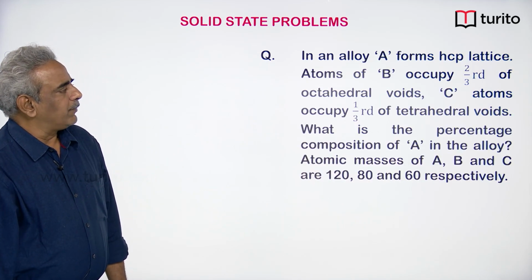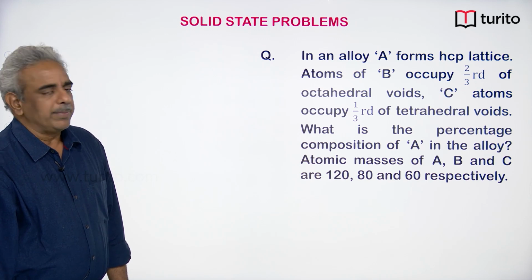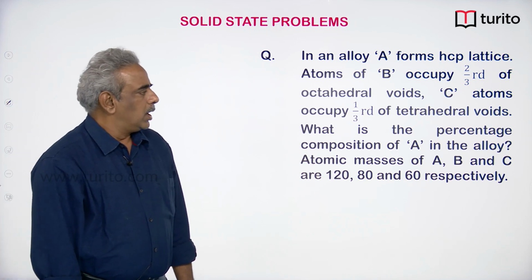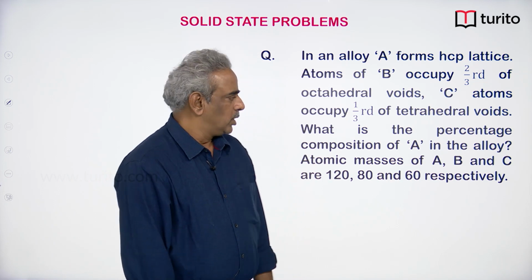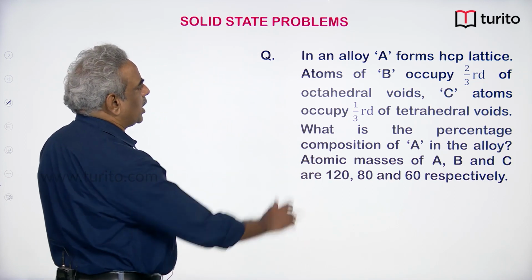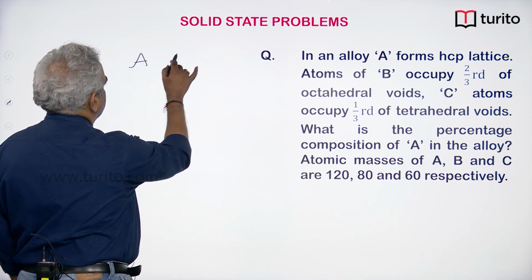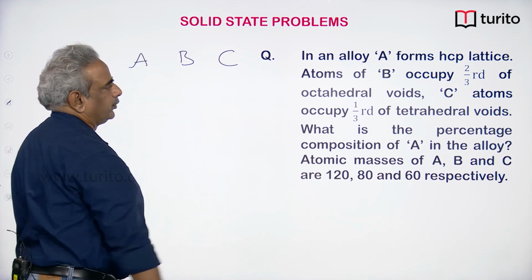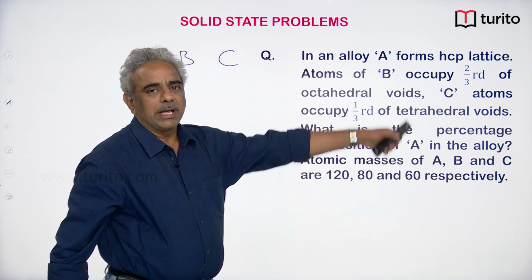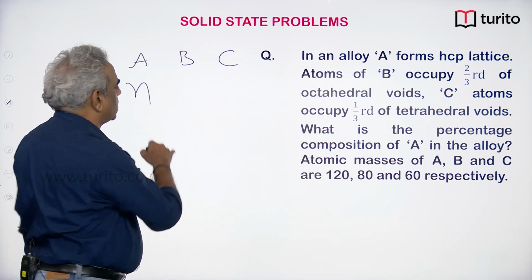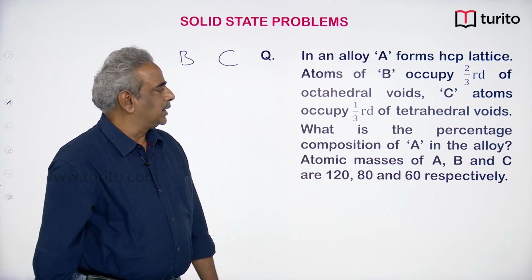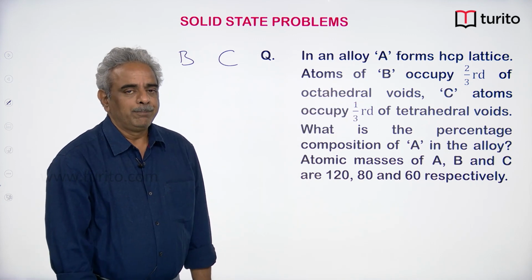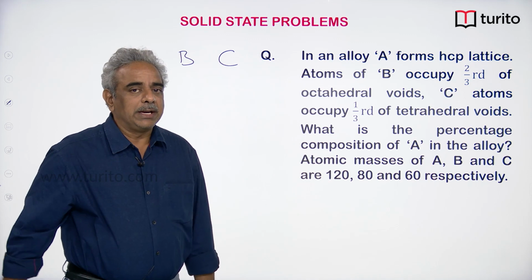In an alloy, A forms an HCP lattice, atoms of B occupy 2/3 of the octahedral voids, and C atoms occupy 1/3 of the tetrahedral voids. So, basically it is an alloy of A, B and C. A is forming HCP, meaning n atoms of A form HCP. Atoms of B occupy 2/3 of the octahedral voids. How many octahedral voids will be there? n.